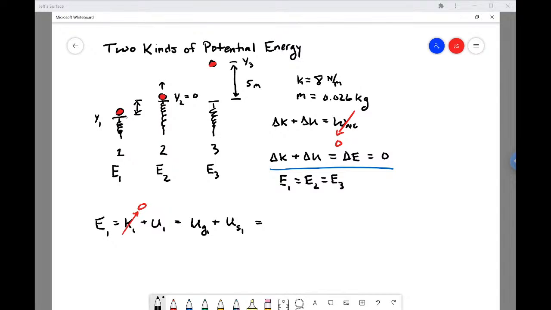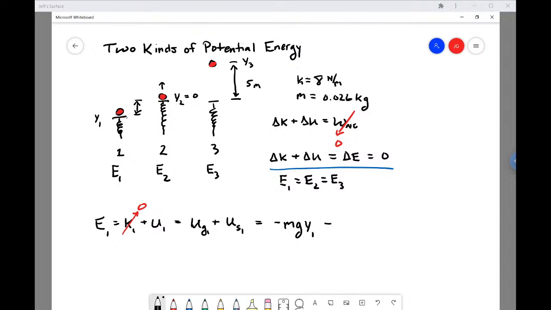The gravitational potential energy is going to be negative because it's below the point y2 that I call equal to 0. And gravitational potential energy is equal to weight, m times g, times vertical height, which is going to be y1. And it's negative because, again, you're below the point that I said is equal to 0, y2.